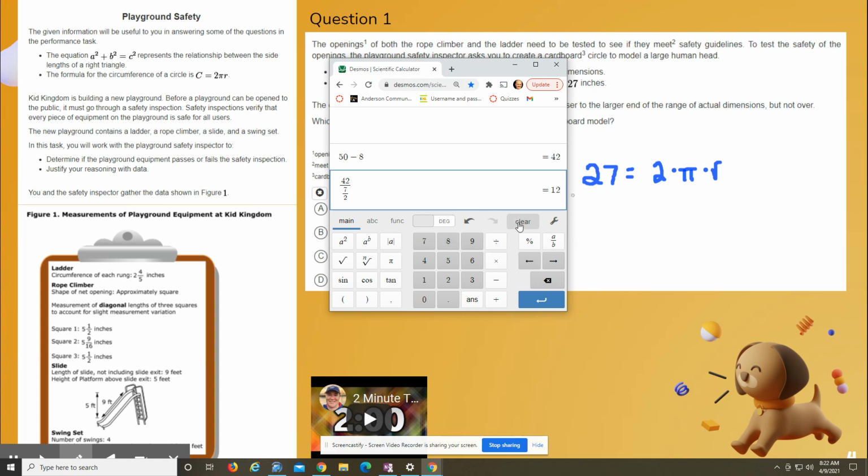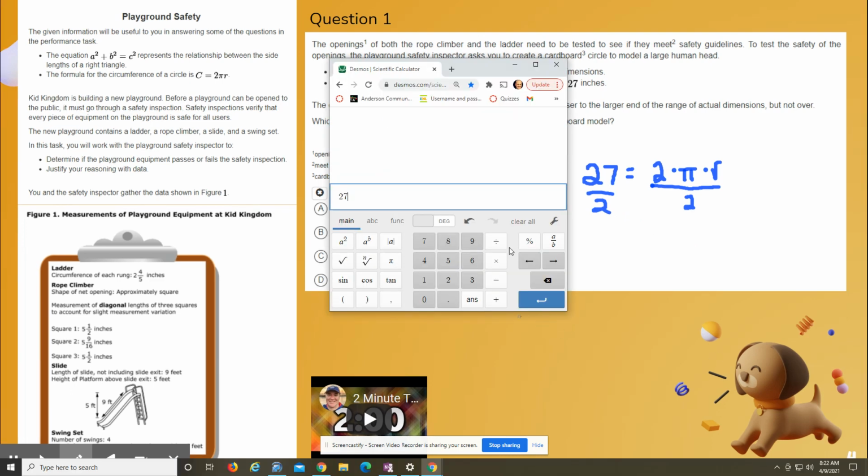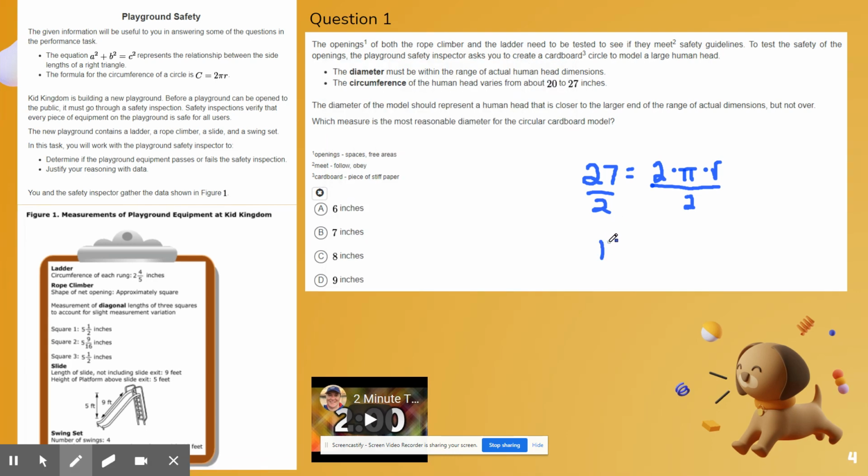So I would start with 27. To get rid of a times 2, I would divide by 2. All right, then I'm going to take that answer, 13.5, and divide it by pi, because the 2's cancel and I'm just left with pi and radius over here.